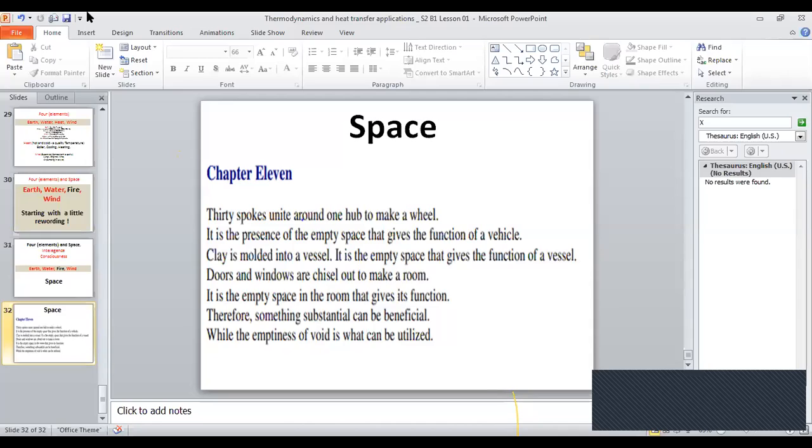So even if you go and open the door of your refrigerator, if you have one, remove all the stuff from your mind. What's remaining inside?